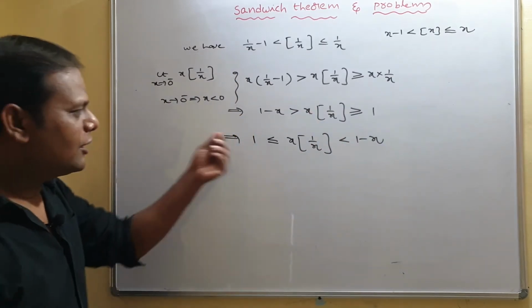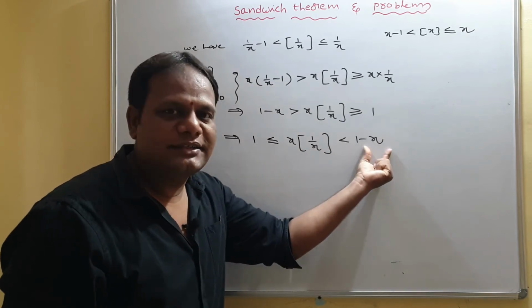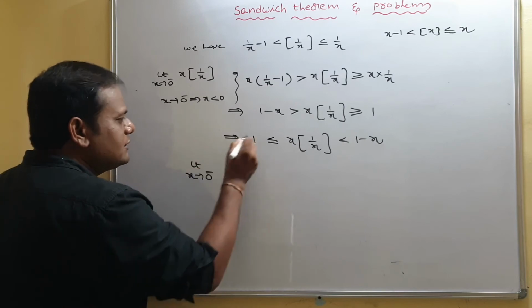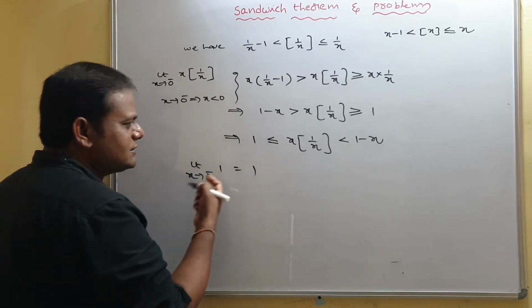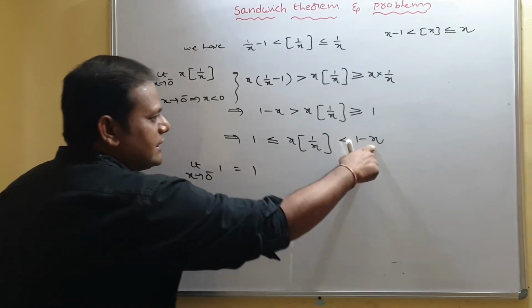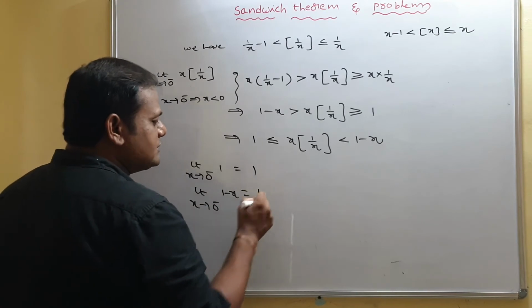Now this is like f of x and here it is g of x and here it is h of x. So limit x tends to 0 minus f of x. What is f of x? That is constant, so 1 only. Limit x tends to 0 minus h of x. What is it? 1 minus x. So again it is 1 minus 0, that is 1.